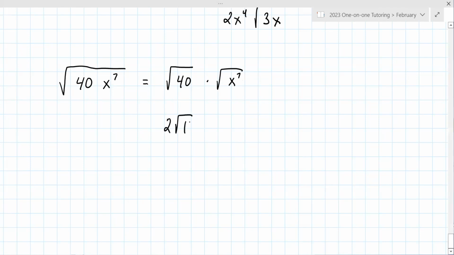Okay, that's good. Now the square root of x to the 7th, you always go down by 1. So we're going to look at this as square root of x to the 6th times x to the 1. And then square root of x to the 6th times the square root of x. You just break it apart until you get something you do know how to do.